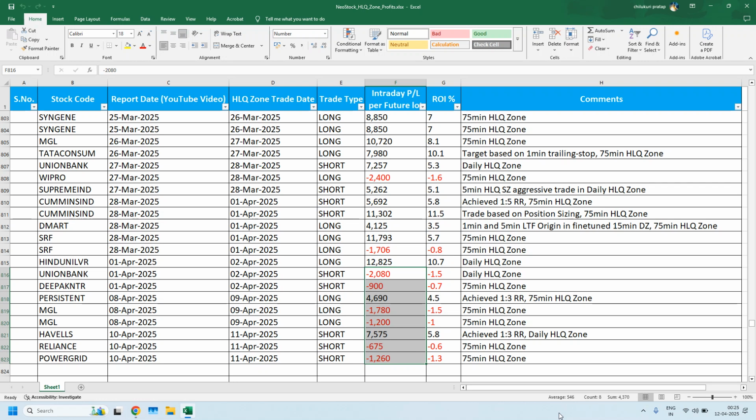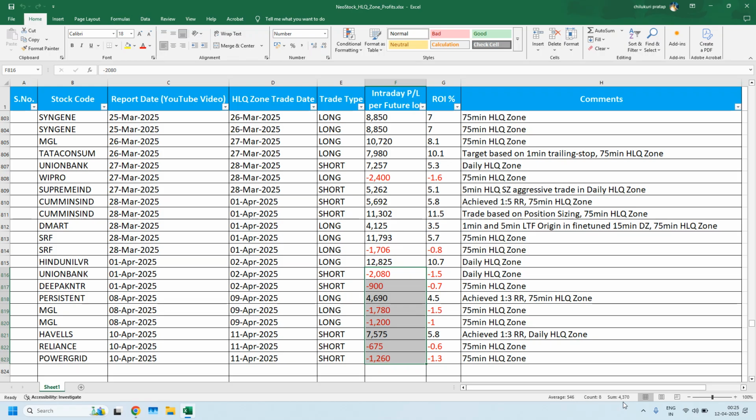Both the trades. The remaining 6 trades are stopped out with stop buffer values, with ATR stop buffer values, because all these values are calculated with ATR stop buffer values. So with the stop buffers, even then you got 4,370 rupees profit. You are in profit.